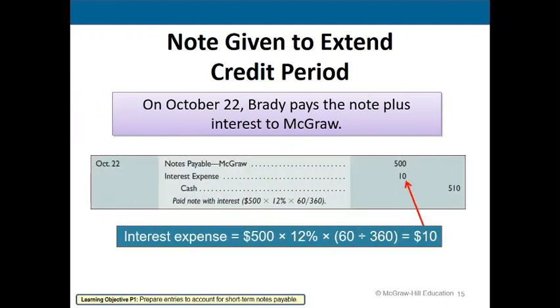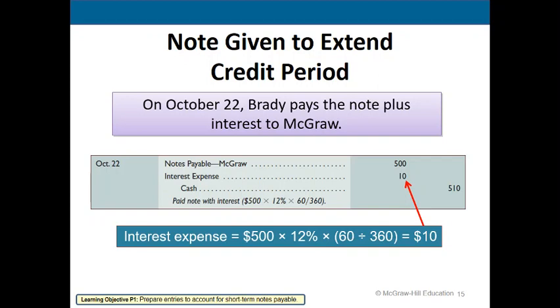And so on October 22nd, you pay the notes payable on the $500 you owe. And so 60 divided into 360 is 1/6.